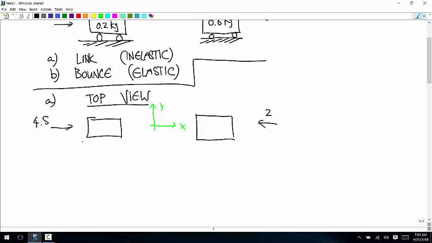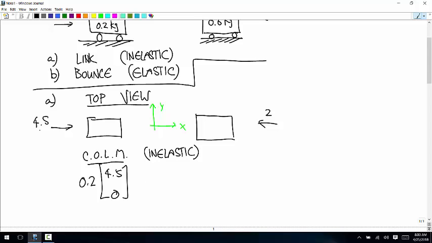So conservation of linear momentum says, this is the inelastic case for part A: 0.2 times 4.5, because that 4.5 velocity is in the positive x direction, plus 0.6 times its velocity vector.